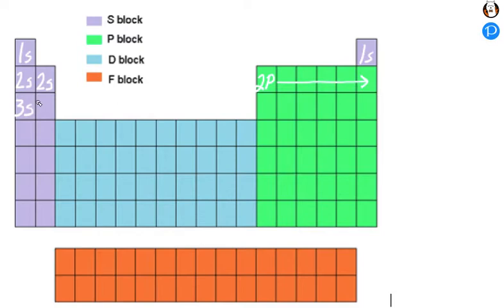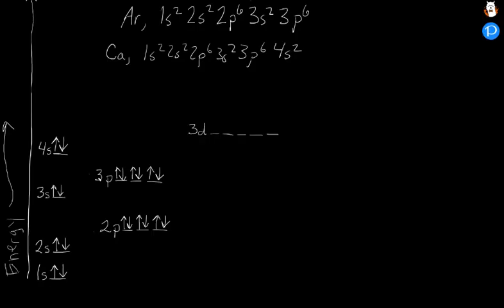Remember, the s can only hold 2 electrons, which is why there's only two columns here, right? And then after I've got those full, then I can jump over here. Third level, p orbitals. And once again, I can fit 6, right? So if I come back over here, 3p, 1, 2, 3, 4, 5, 6.